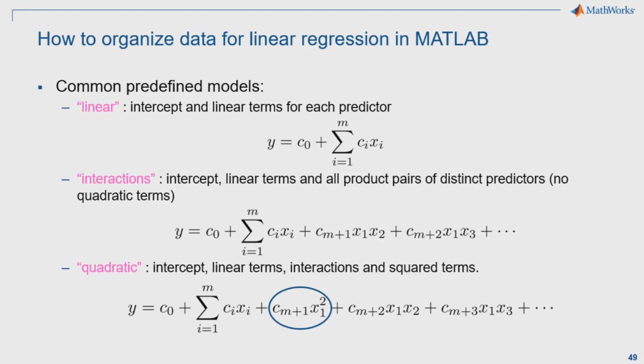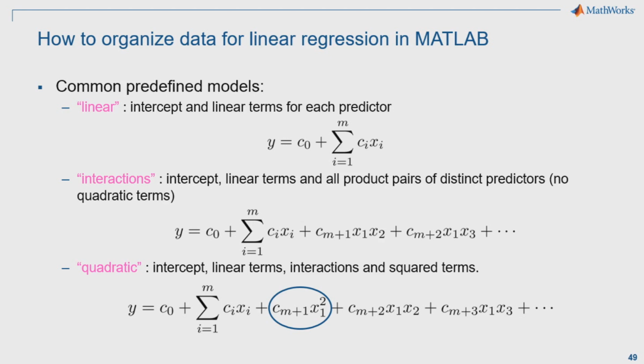You can specify as kind of model linear, and so the formulation, of course, is just a linear combination of the descriptor plus an intercept, a bias. You can also specify the possibility to have interactions. That means you have a linear combination of the predictors plus also the combination of the predictors pairwise, but without having quadratic terms.